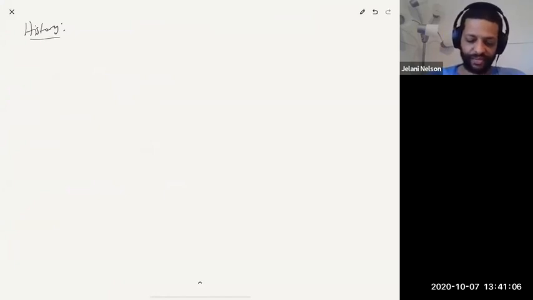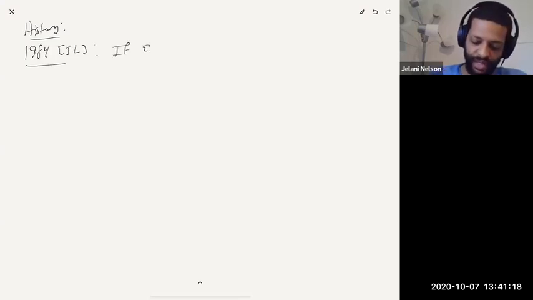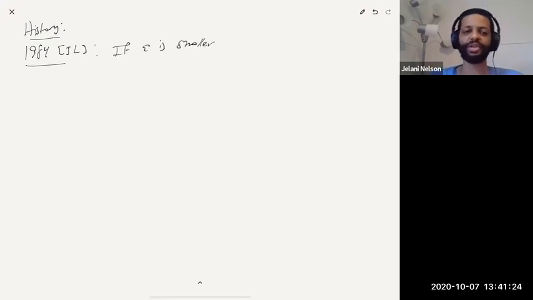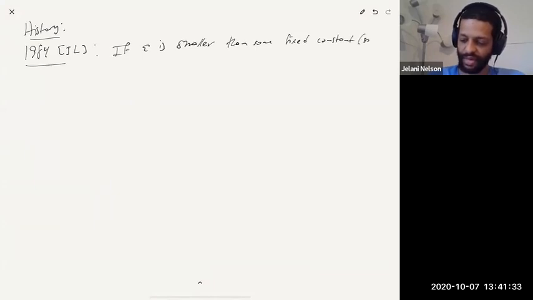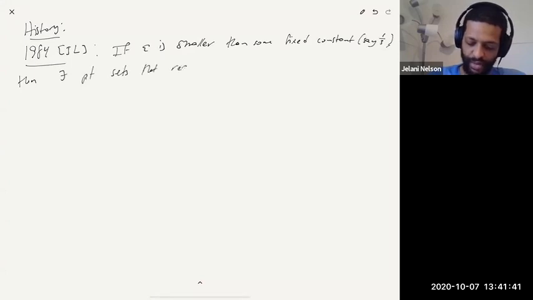First, in 1984, the JL paper itself showed that if epsilon is smaller than some fixed constant, say a third, though it's not exactly a third, I'll show you this argument, then there exist point sets that require target dimension to be at least some constant times log n.